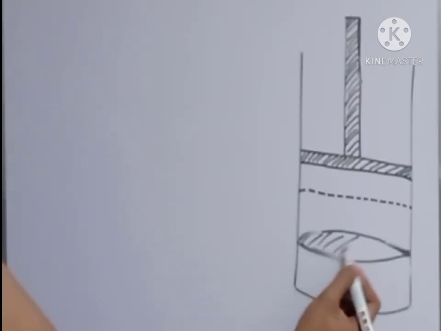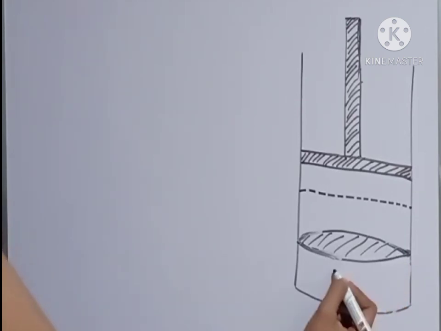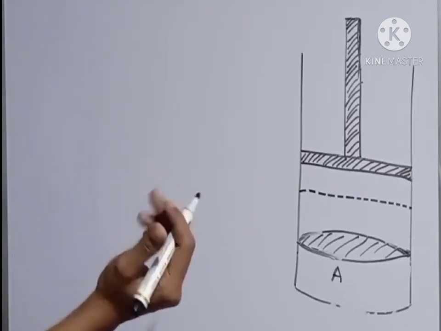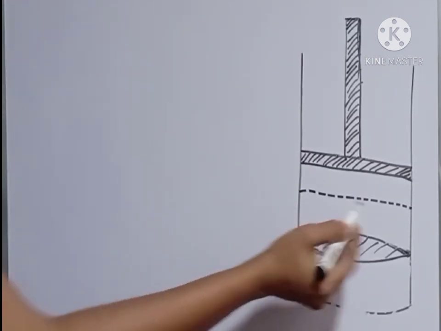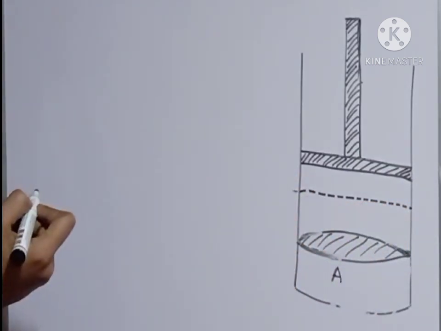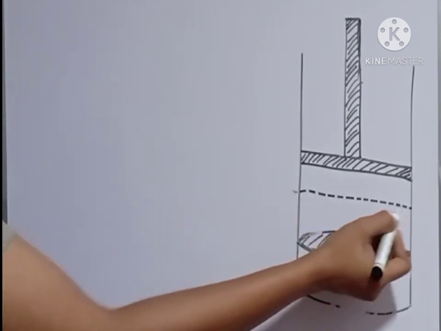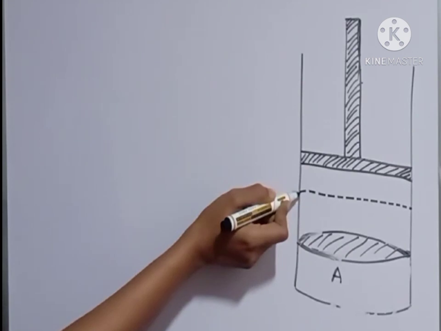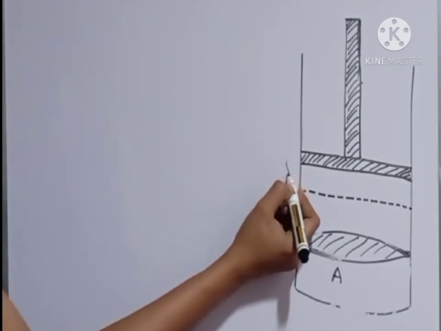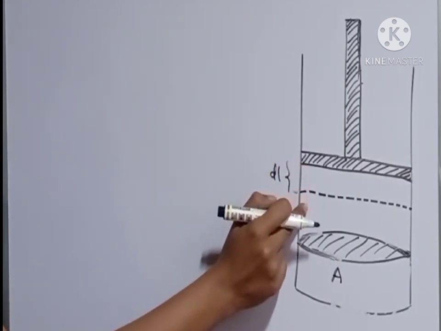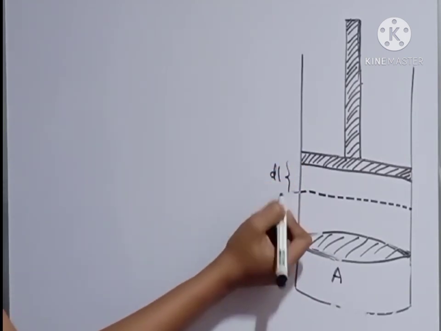Here the area of cross section of the cylinder is A, and the process is expansion. So consider the initial volume is this, and when the expansion of gas occurs, the piston moves a distance dl from the initial volume, from here to here.